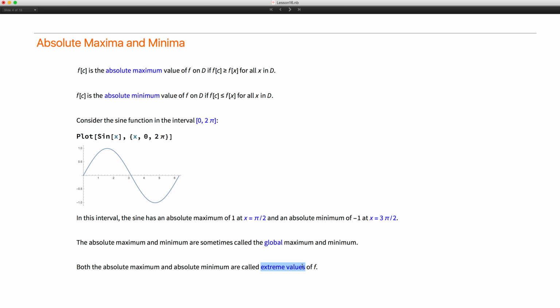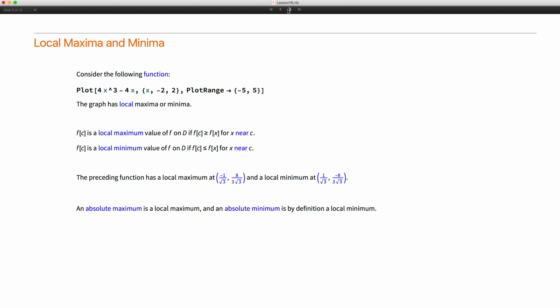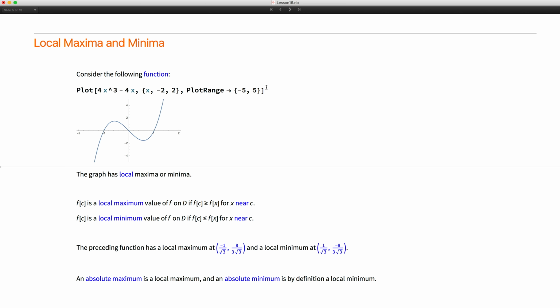In this case, we are lucky, we had an absolute maximum and an absolute minimum. But in general, the best that you can hope for are so-called local maxima and minima. For example, here is a cubic function, and you can see quite clearly that this graph has got local maxima and minima.